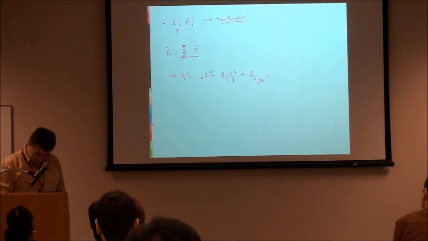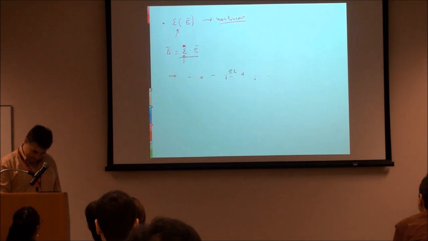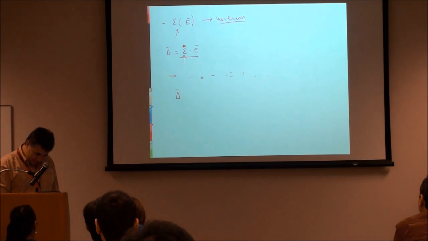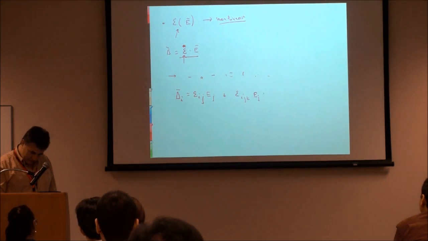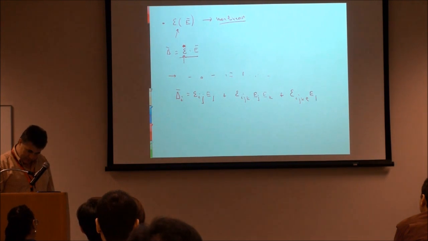Let's write it correctly. D in the most general case is epsilon ij, right? D_i is epsilon_ij E_j. This is the linear part. Plus epsilon_ijk E_j E_k plus epsilon_ijkl E_j E_k E_l, and so on and so on.